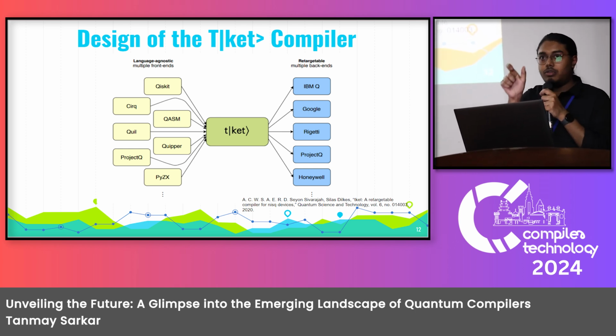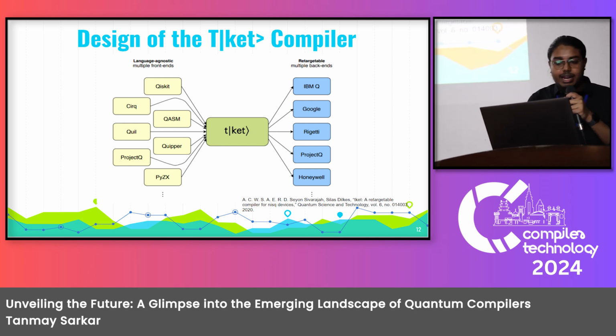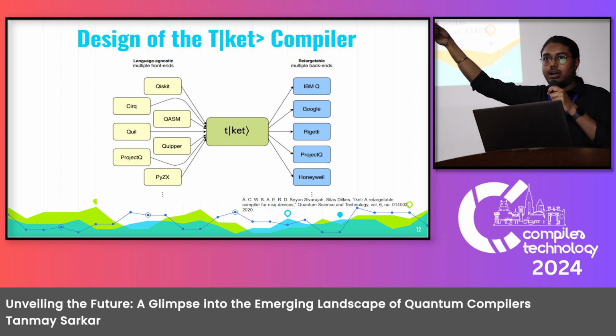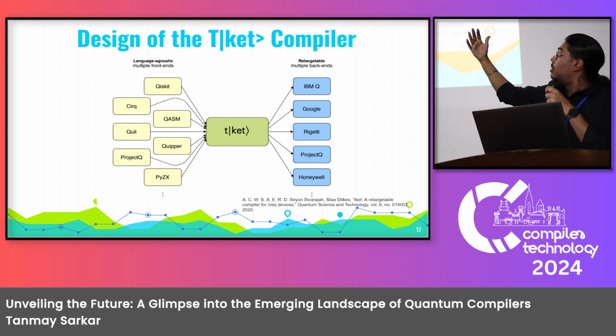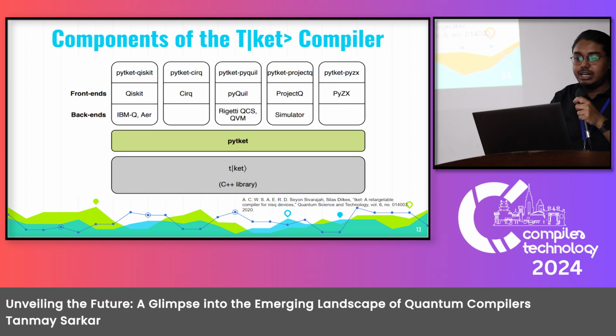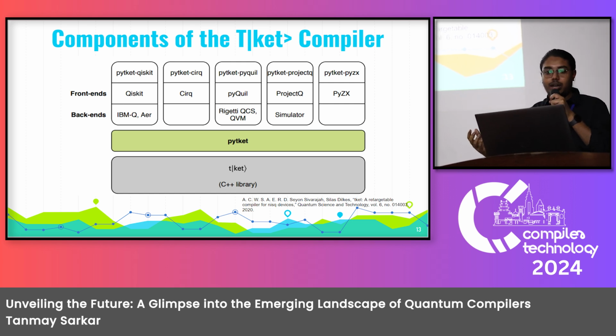What it would do is convert them to TKET IR, and then there is the backend that would, based on the hardware architecture, compile for that architecture. So this is the component of the TKET compiler: these are the front ends, and the backend means the backend machine. Let's say in your application you want to run Qiskit.